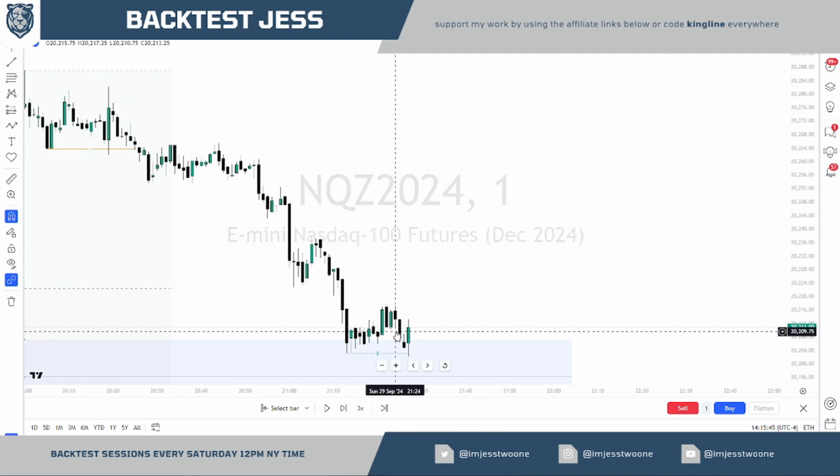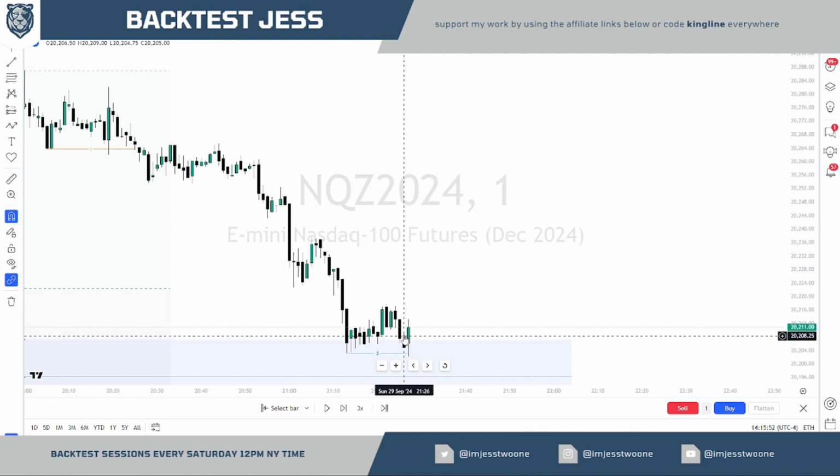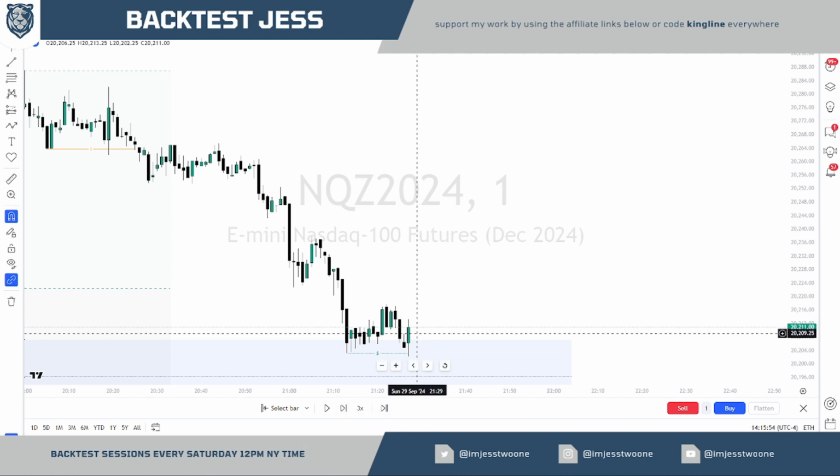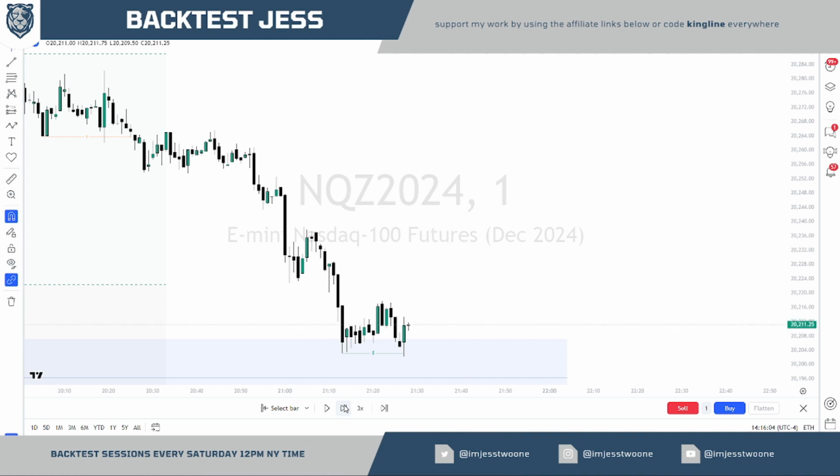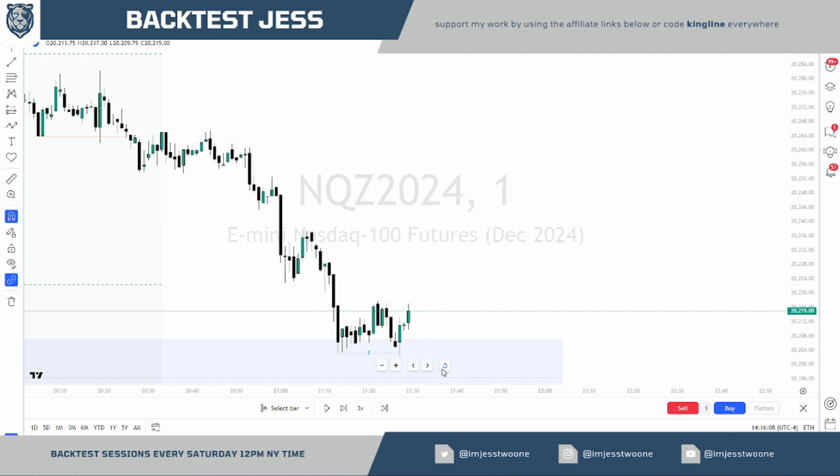And what do we see here? We possibly see an inversion, or we do see an inversion confirmed. We close above this fair value gap on the next candle. We want to ideally see it displaced through the high, respecting this inversion. If we see an immediate invalidation, we know to wait. All right, so we closed above, didn't quite displace through.